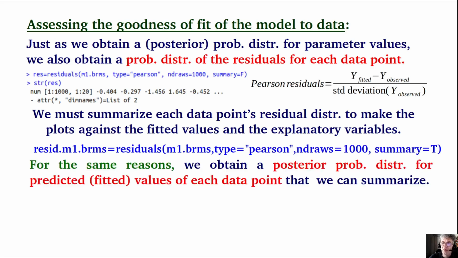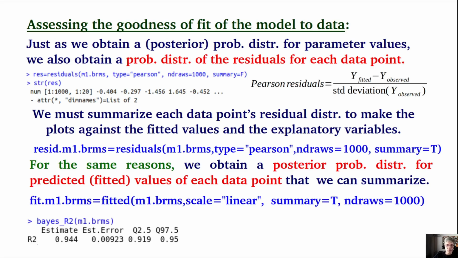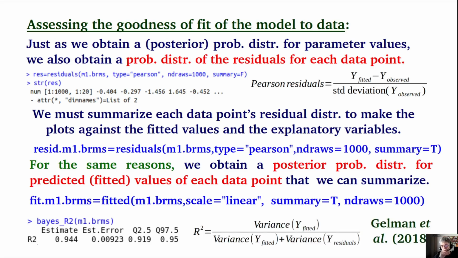And for the same reasons that I alluded to above, we also obtain a posterior distribution for the predicted values of each data point that we again need to summarize in the same manner as we did before. We can also obtain what is called the Bayesian R-square, which is related to the variance of the fitted values and the variance of the residuals.